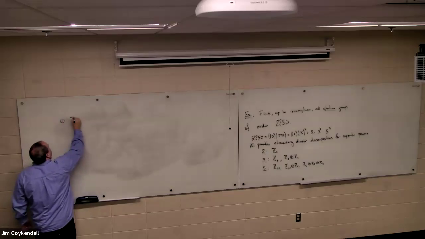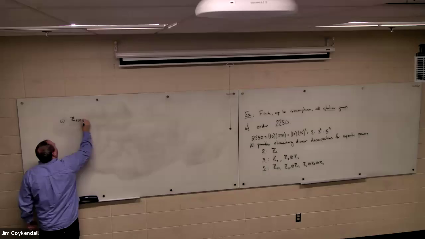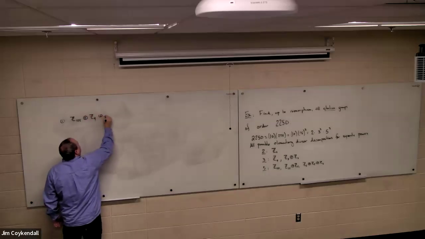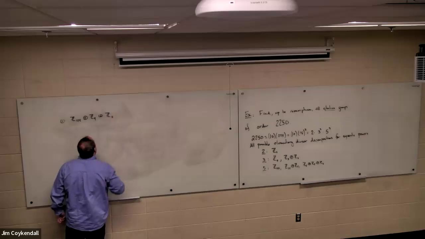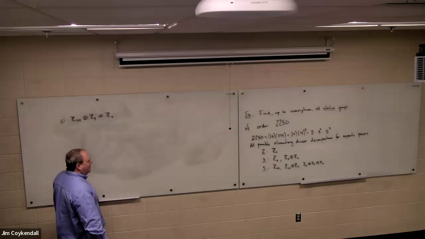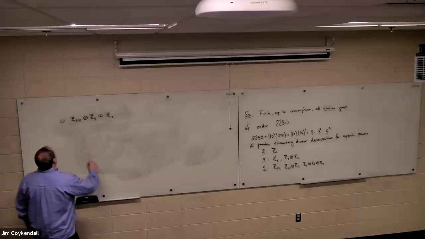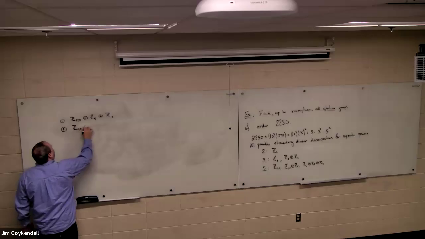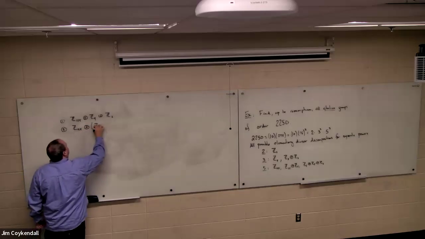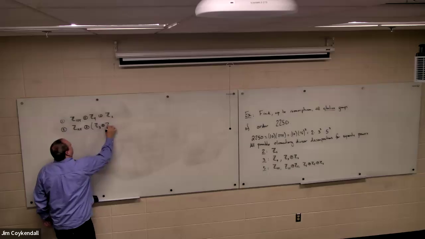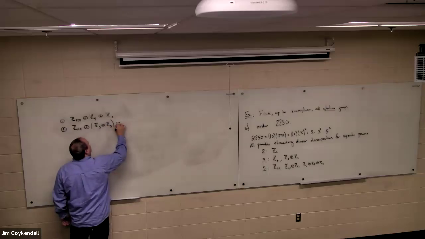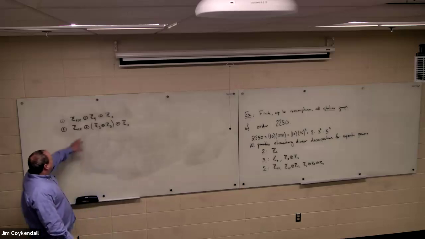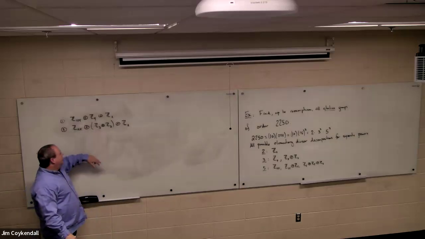First, C125 direct sum C9 direct sum Z2. Or I could go C125 direct sum C3 direct sum C3 direct sum C2. Here I've basically buried my Sylow 3 group.